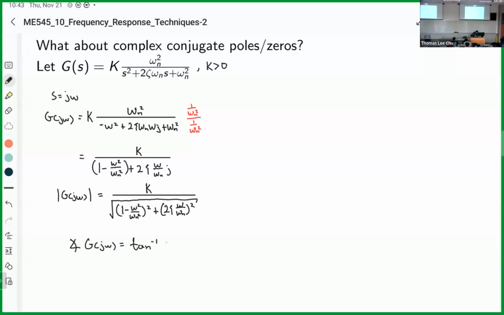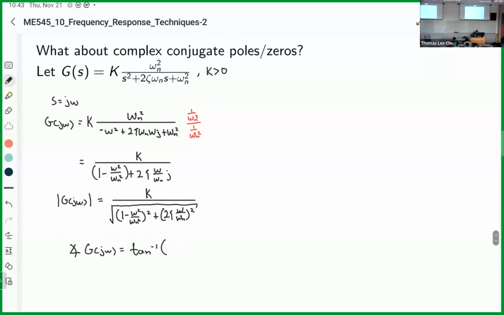We do the zeros first, the arctan of the angles of the zeros.